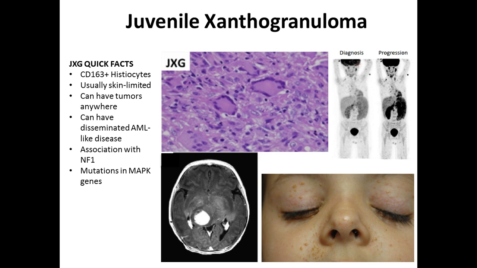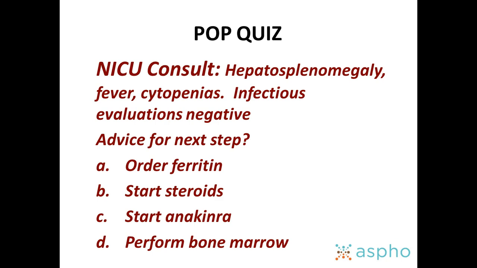So you have to use your clinical judgment, but we think it's worth looking for lesions in other sites in kids who have extensive skin disease. But again, association with NF1 is something to remember. And I think the somatic landscape, the genomic landscape is being worked out, but there are some reported mutations in MAP kinase genes.